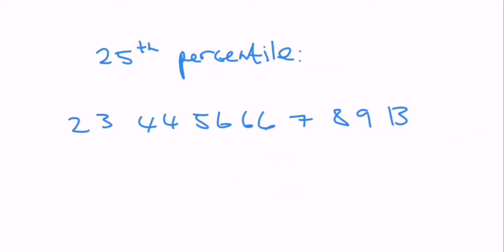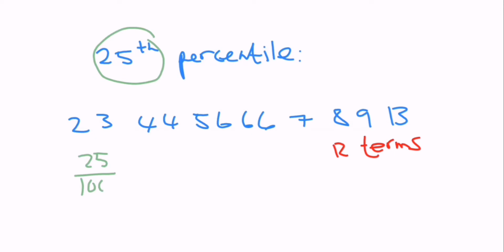Okay, cool. So here what you do is, since there are 12 terms, what we can now do to work out the 25th percentile is simply take 25 over 100 multiplied by 12. Okay, and that should give us an answer of 3.